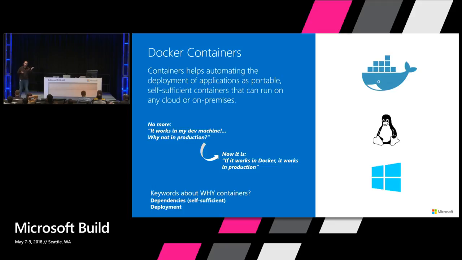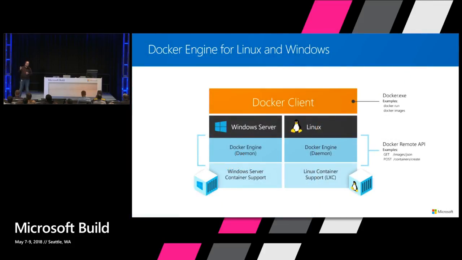So it's great for dev and test as well, and for deploying to production. You can run Docker containers either on Windows or Linux. When we say Windows containers or Windows Server containers, it is also about Docker engine. It's because of the branding, but the Docker engine is the same engine running on Linux or running on Windows.